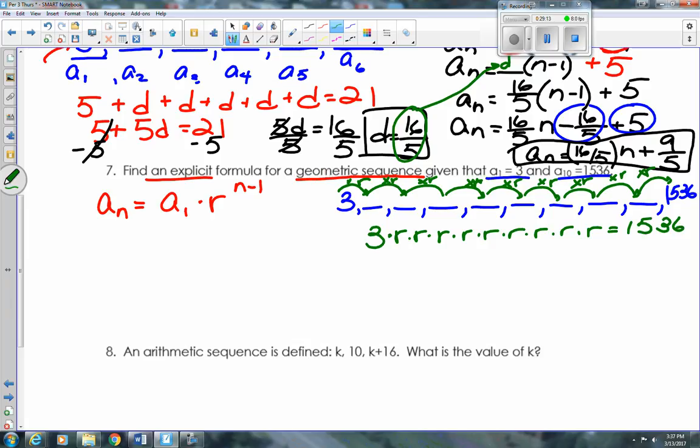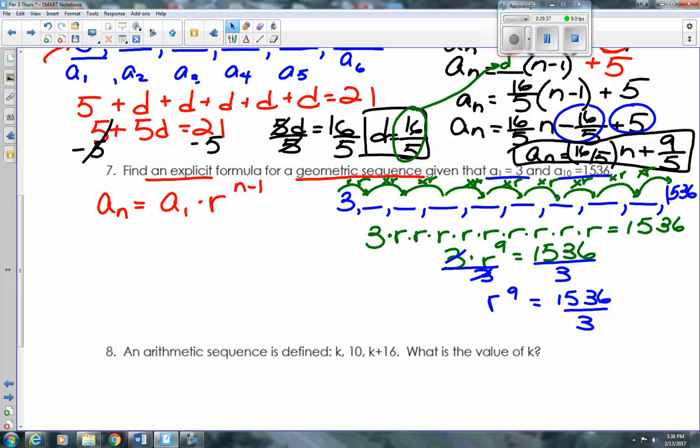We get this. This is the same as R to the 9th. Now to get R, I want to divide both sides by 3. I get R to the 9th is whatever this 1536 divided by 3 is.